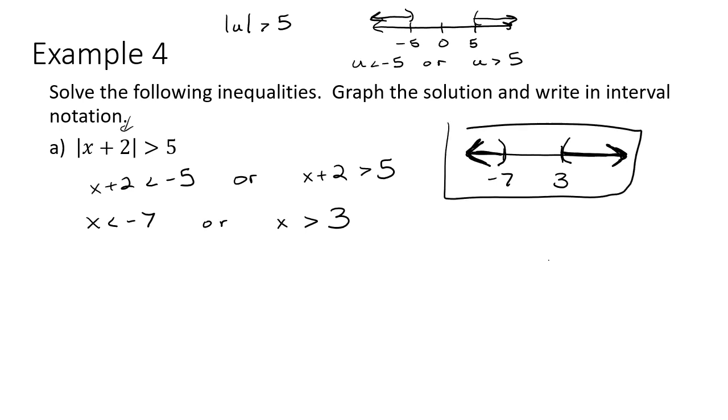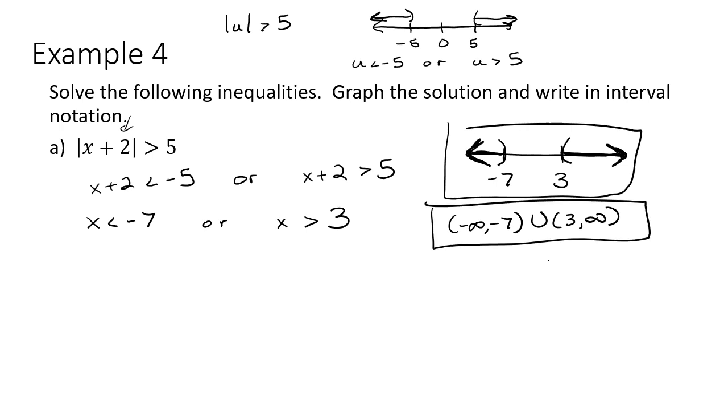Basically, that plus 2 in parentheses ended up shifting this by 2 to the left when all was said and done. And so in interval notation, that would be from negative infinity to negative 7, from 3 to positive infinity, with the union symbol in between.